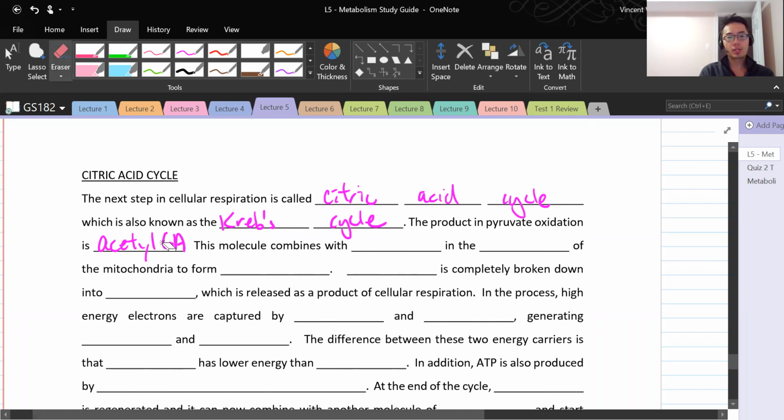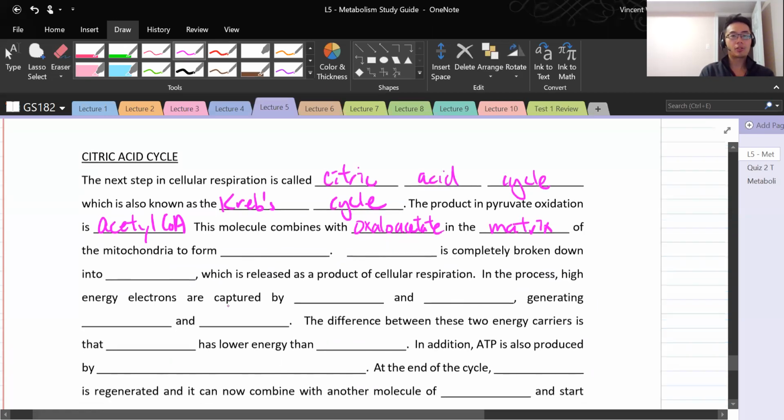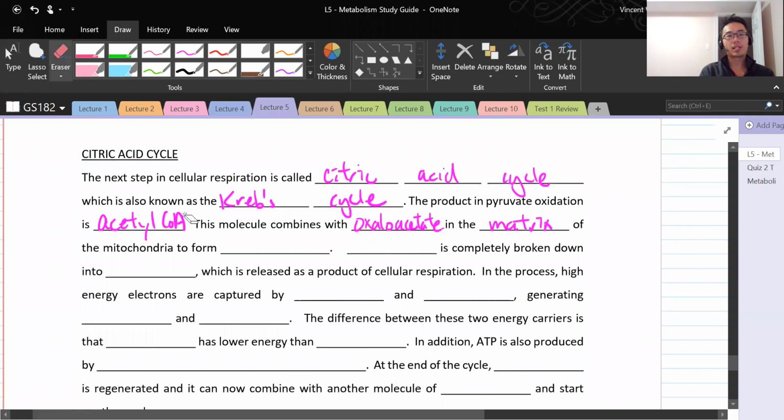This molecule, acetyl-CoA, combines with oxaloacetate in the matrix of the mitochondria. So the acetyl-CoA, which is 2 carbons, will combine with a 4-carbon oxaloacetate to form citric acid.